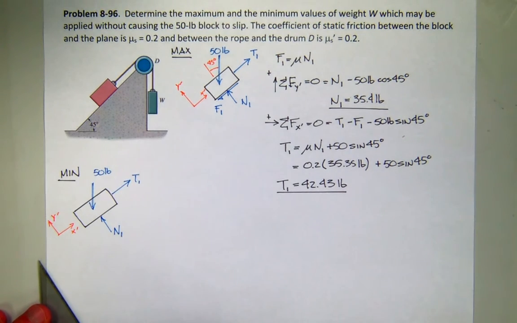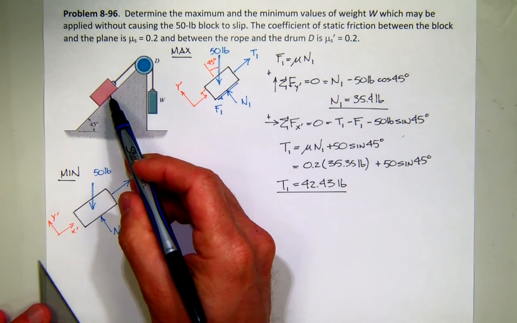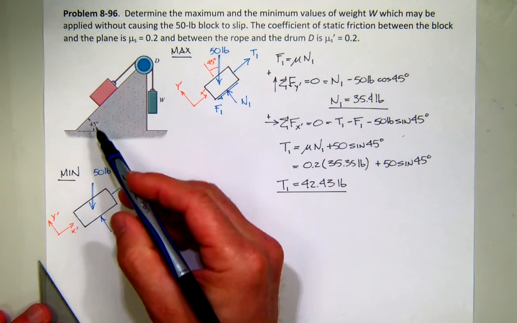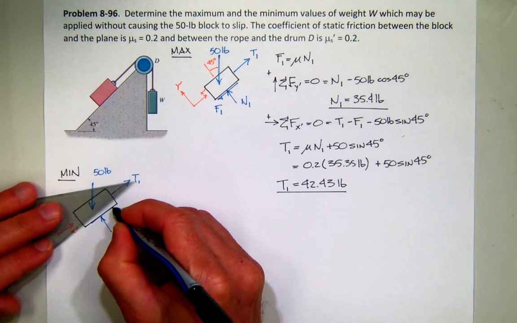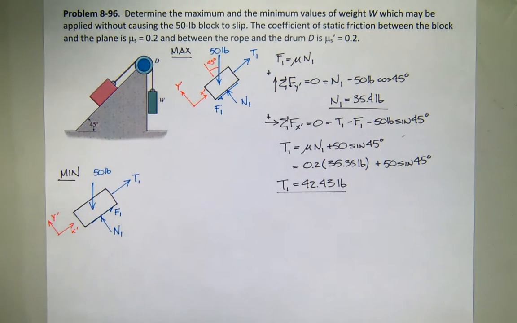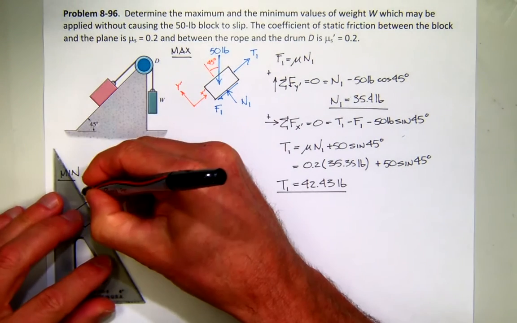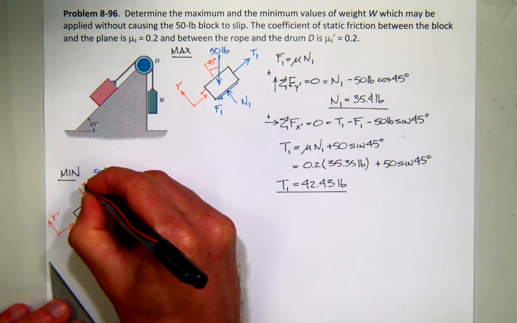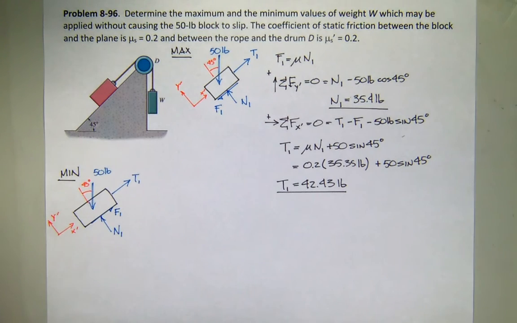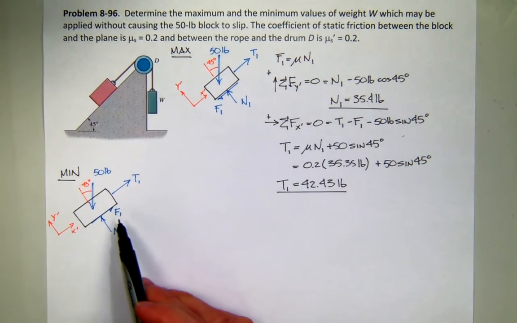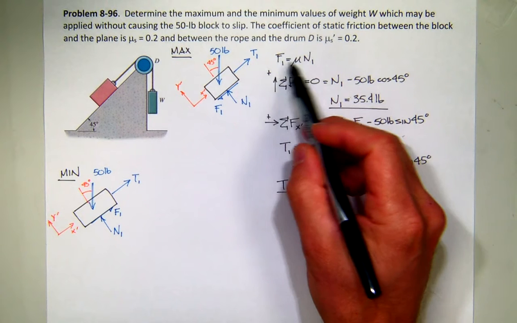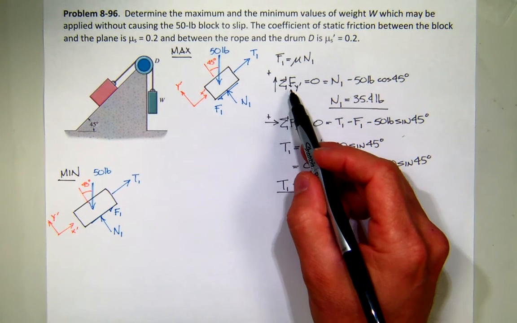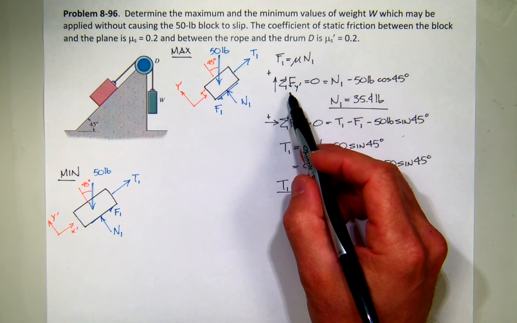Except now the block is tending to slip down the incline. So it's going to move down, so the friction force is up. So my equations are pretty much the same, except now my friction force will be different. I still know my relationship is still there. I'm still going to be developing my maximum friction. I'm still going to sum forces in the y direction, right?